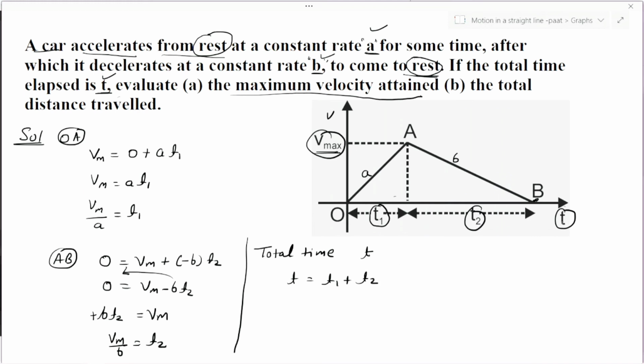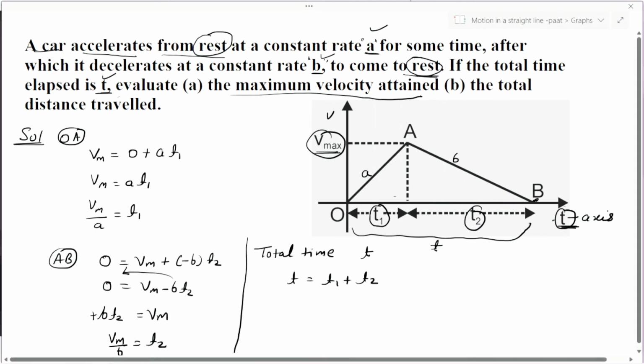So don't confuse the t on this axis with the t for the total time. We are taking the small t for the total time of the journey, and the t written on the axis is basically showing that it is a time axis. Okay, so they are not the same.